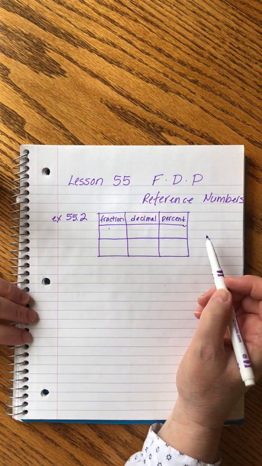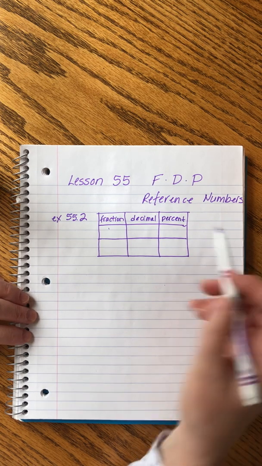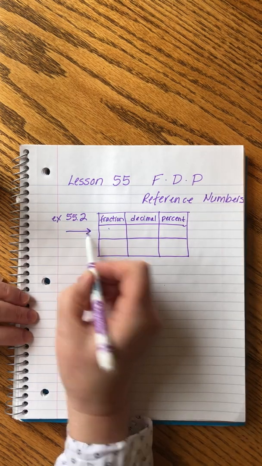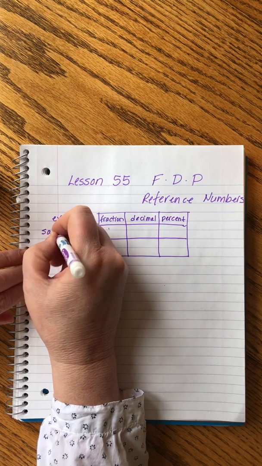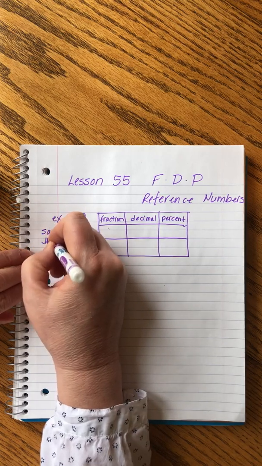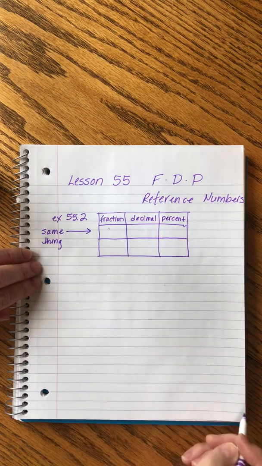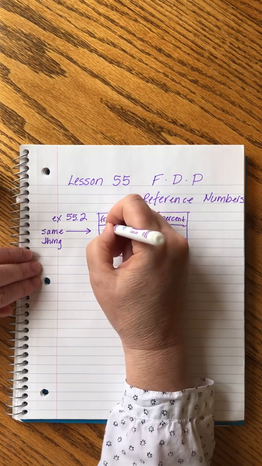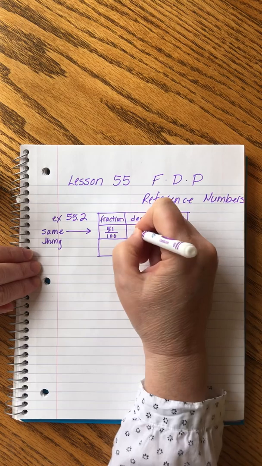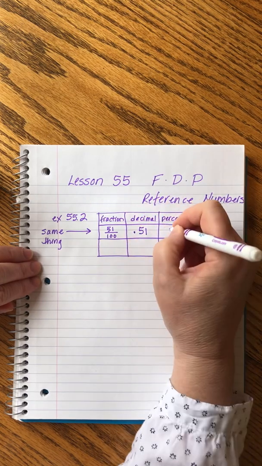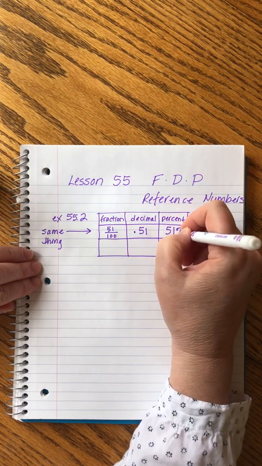He says, complete the table, begin by inserting the reference numbers. Okay, he means in this row, we're always going to write the same thing. We're going to always use 51 over 100 and 0.51 and 51%.